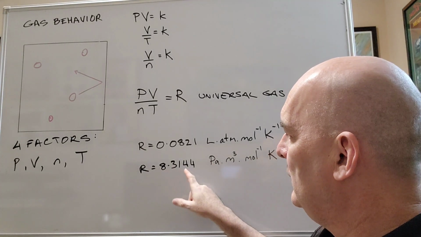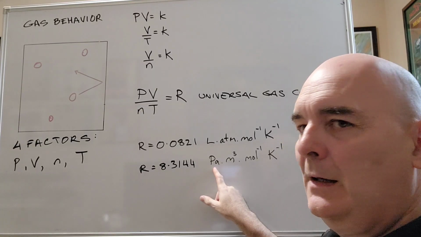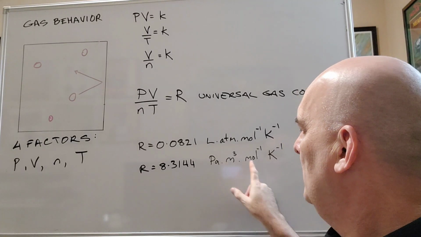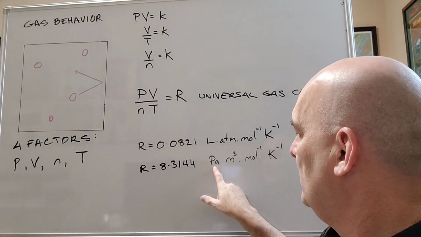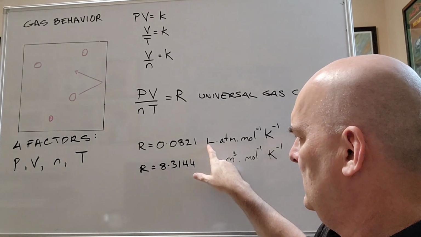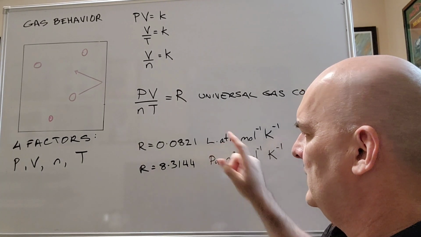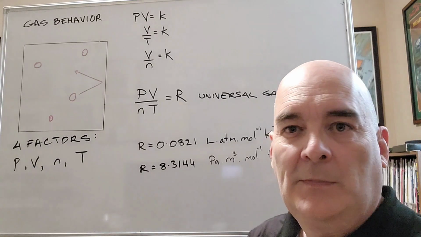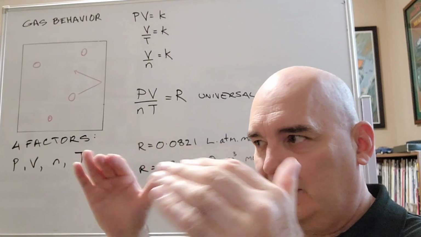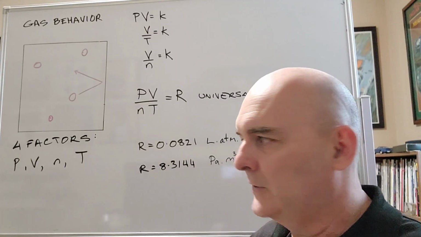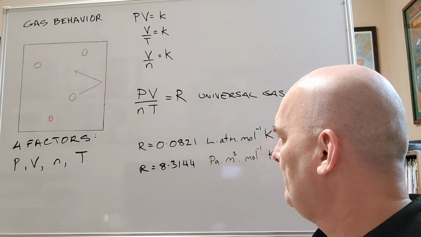R is 8.3144 pascal cubic meters per mole per Kelvin. Okay, this is my pressure, that's my volume. Here the volume is usually written in front of the pressure, but it doesn't matter as long as what's in the numerator and what's in the denominator are clearly stated.